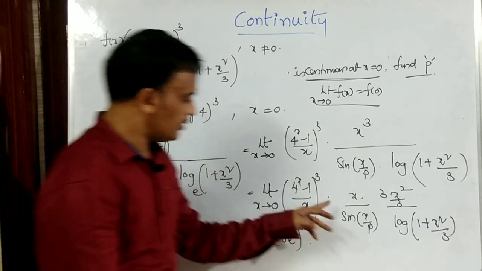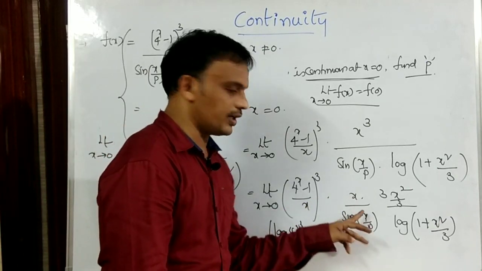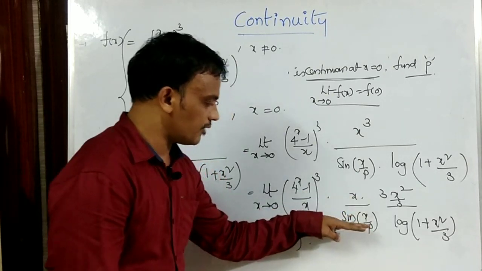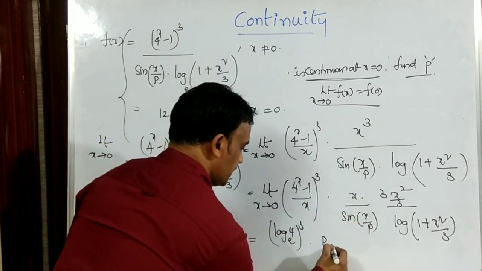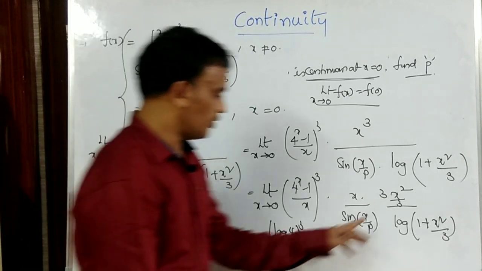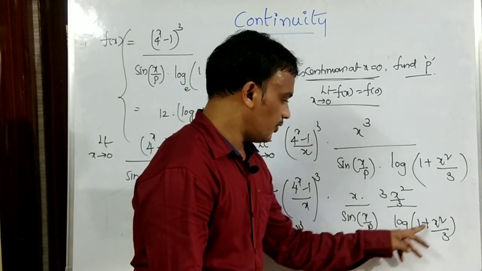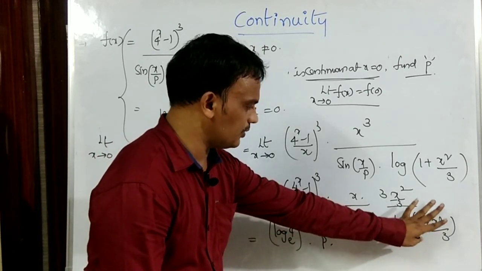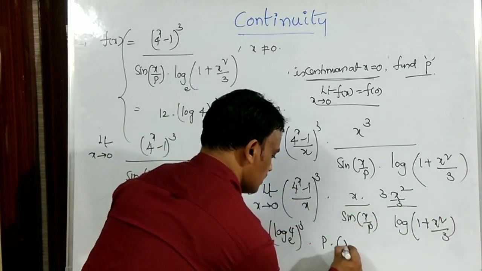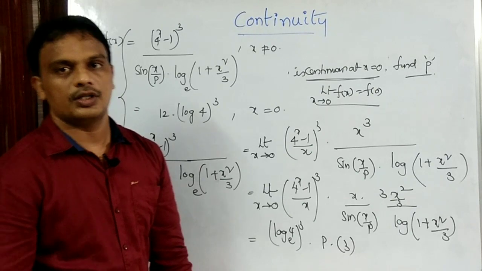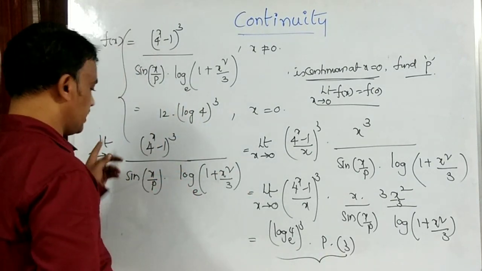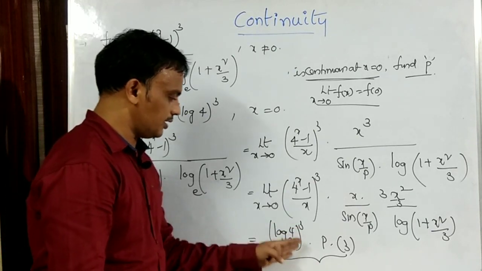And the limit x tends to 0 of x by sin of (x by p) is 1 by p in the denominator, thus this value is p. And what about this value? Logarithm of 1 plus x square by 3 by x square by 3, which value is 1, with 3 it is 3. So this is the value: logarithm of 4 base e into 3p.